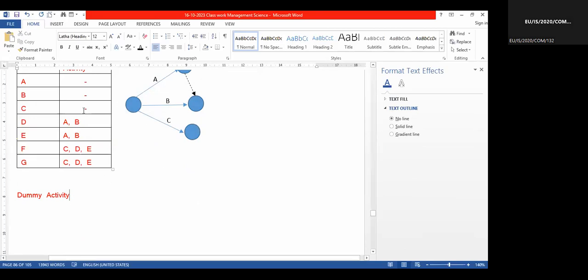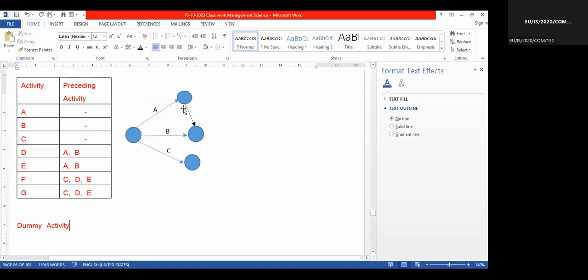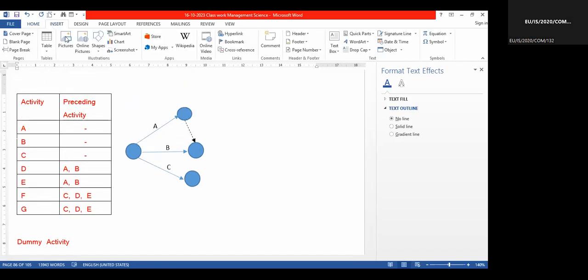Because I cannot join A and B by bending the line, instead of that I am using a dummy line.